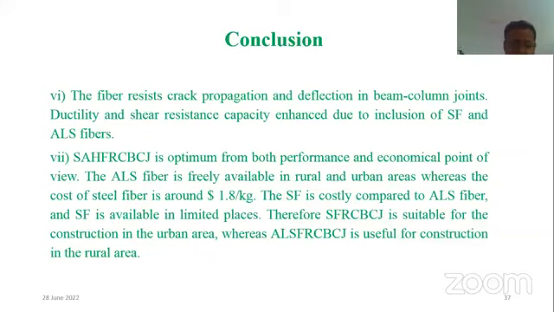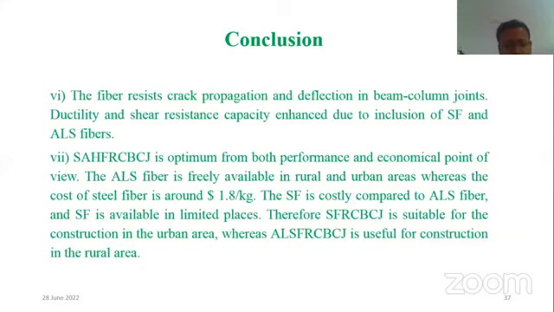This point is very important because in hybrid, I have mixed steel fiber and Eri silk fiber. Now the steel fiber is costly and it is not available in all areas in India. But Eri silk fiber is freely available or it is available at cheap cost in both rural and urban areas.